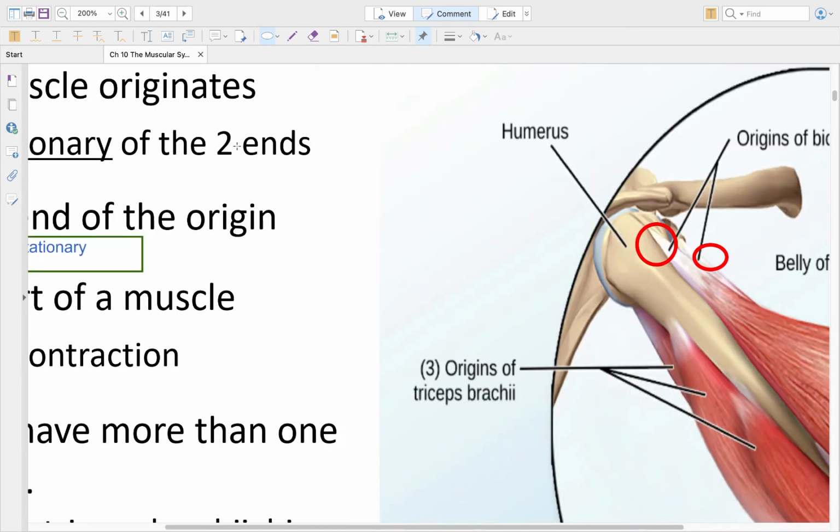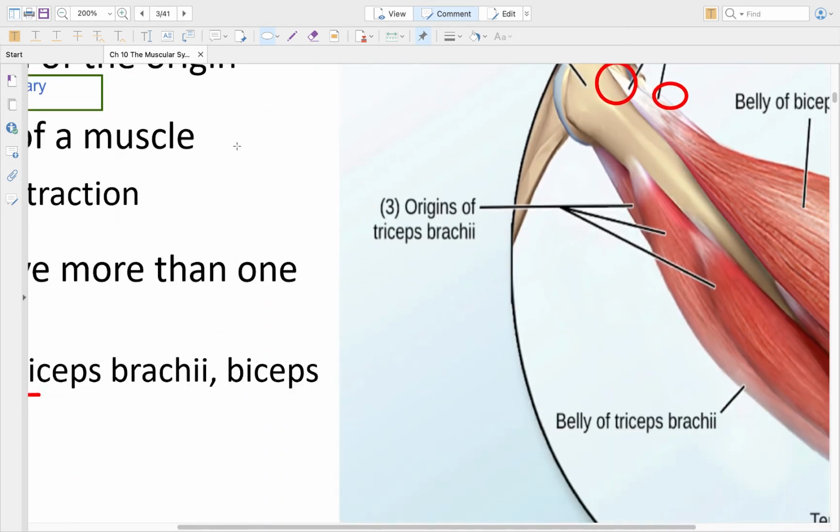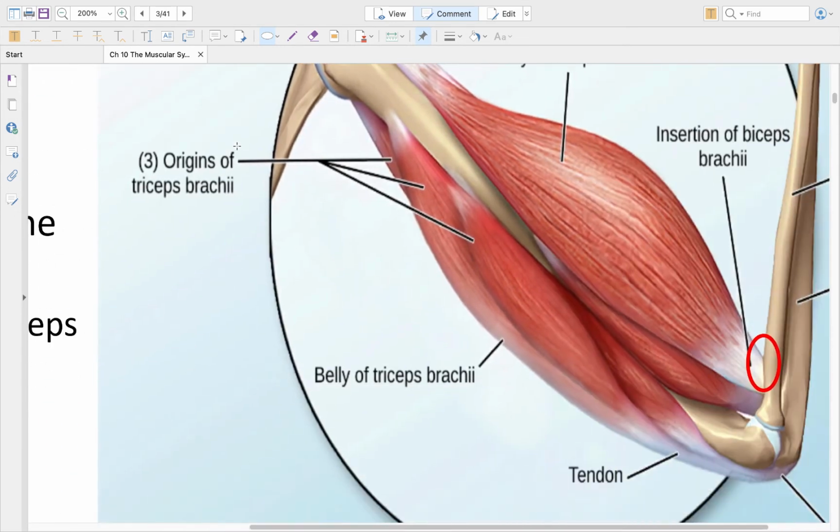Now, let's go ahead and look at the opposing muscle on the back of the arm, the tricep brachii. Okay, it's called the tricep brachii because it has 1, 2, 3 bellies or 3 heads.